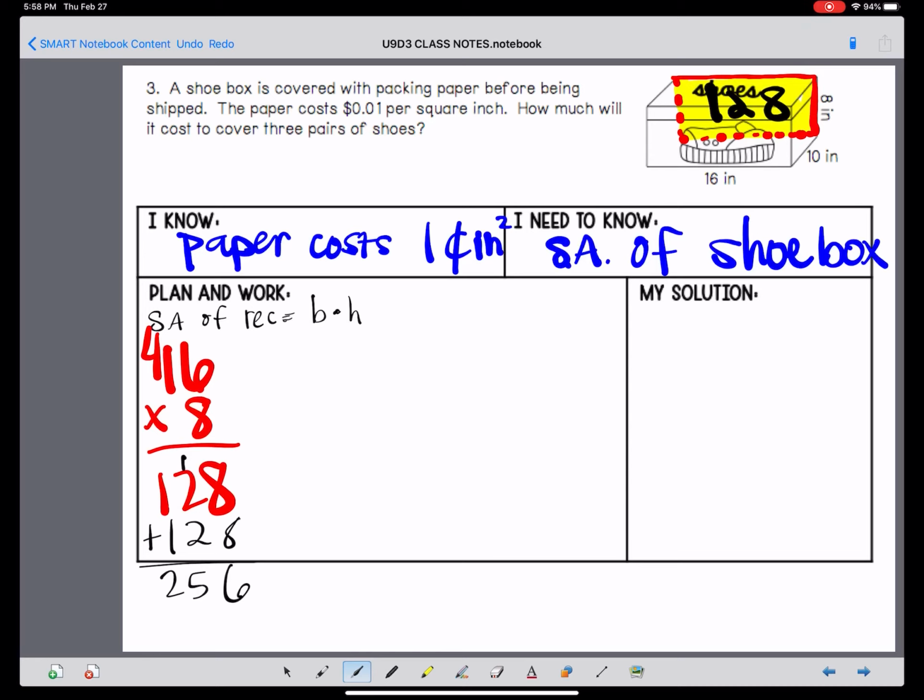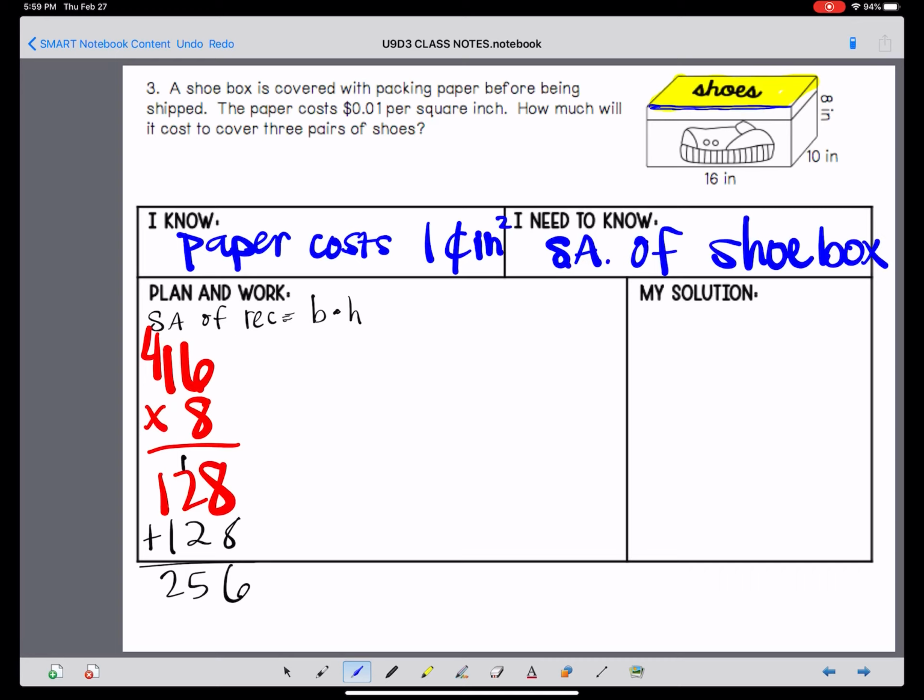Okay, I'm going to erase my work and let's solve for another two sides of the shoebox. Now I want to solve for the top of the shoebox. The top of my shoebox is going to be my base times my height. Looks like my base is 16.